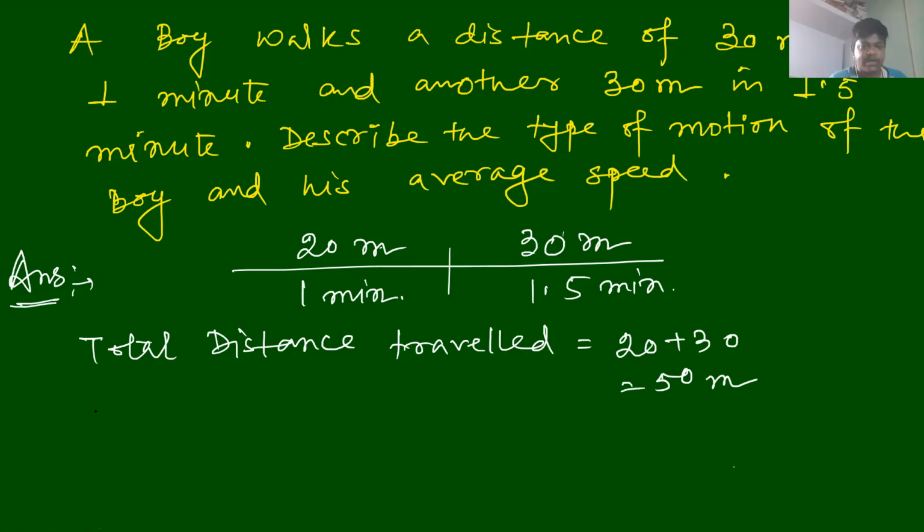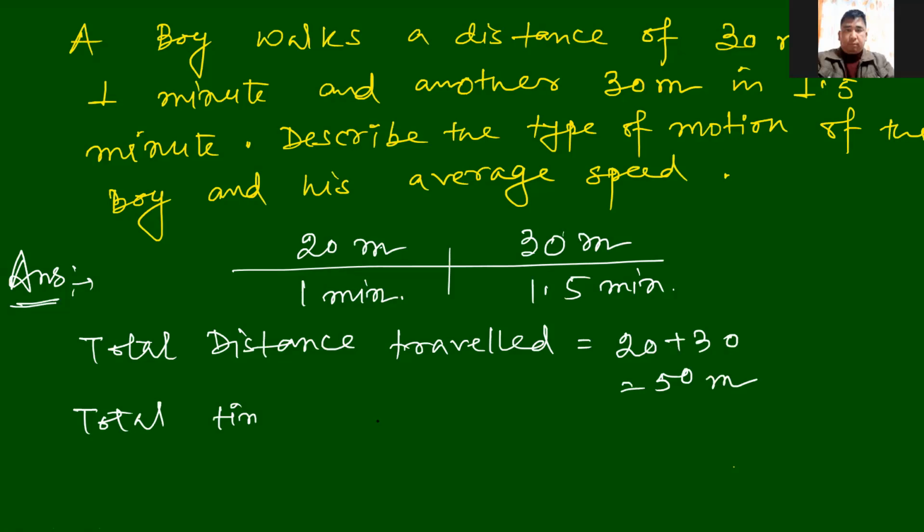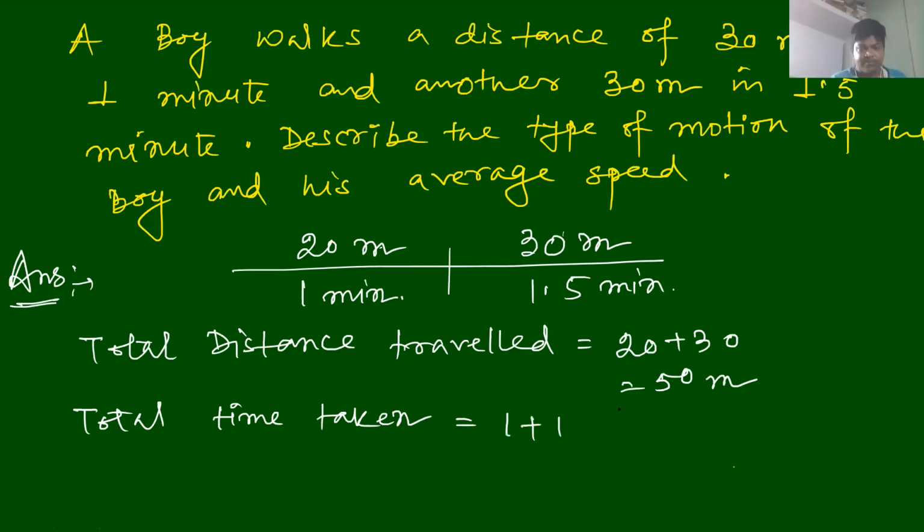And total time taken is how much? Total time taken, that is 2.5. That's very good. That is 1 plus 1.5 and it is equals to 2.5 minutes.